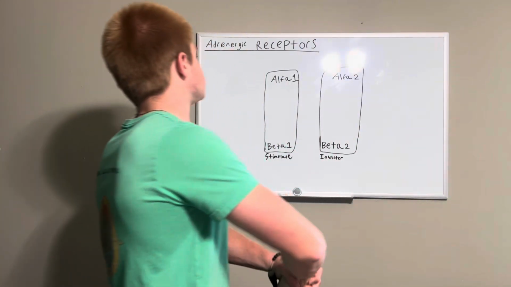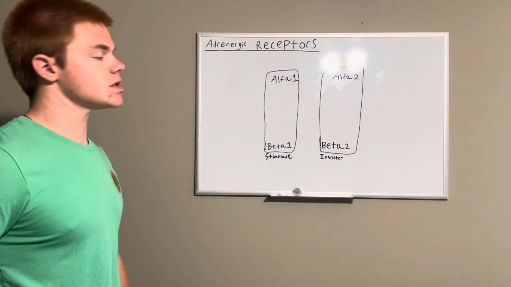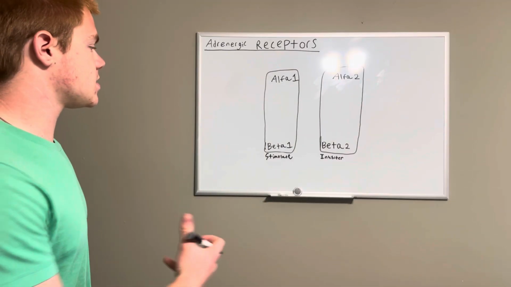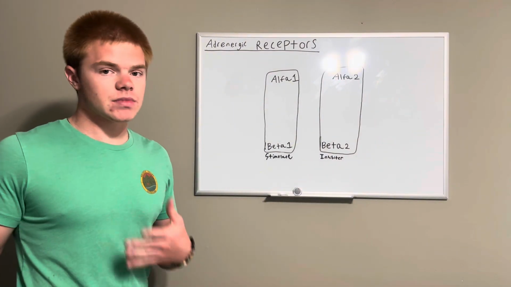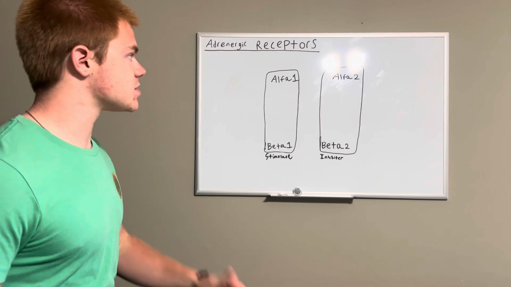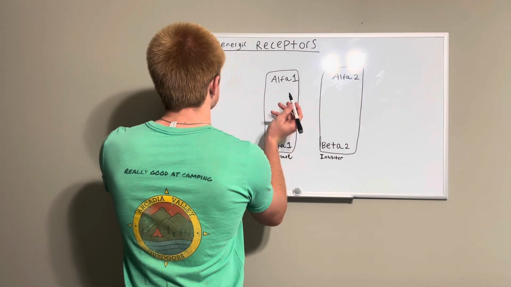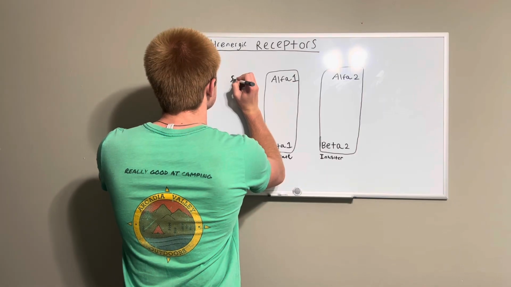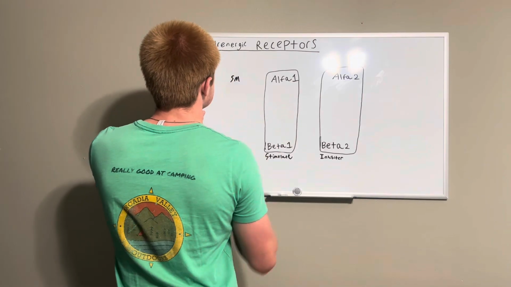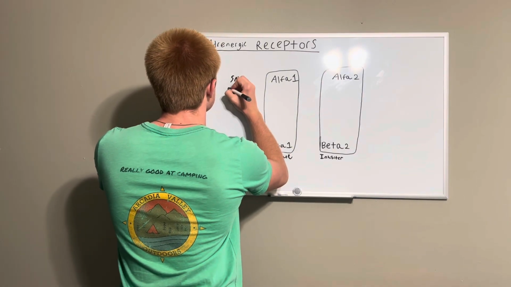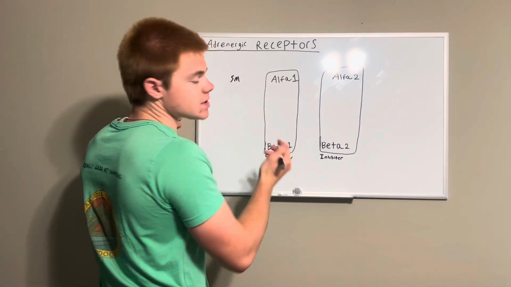Let's talk about where we find each of these. Alpha 1 and beta 2 are both going to be found in the same areas. They're both going to have these receptors in all smooth muscle that interacts with the sympathetic nervous system.